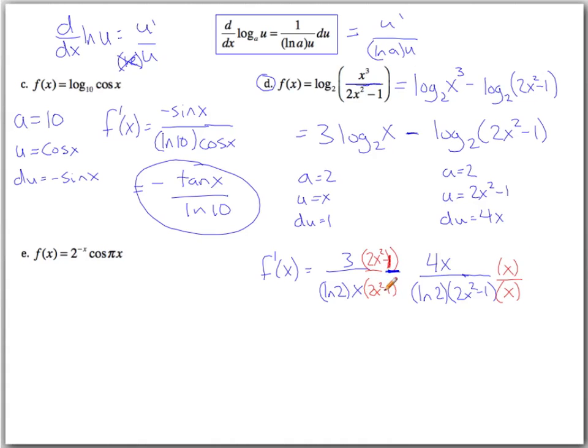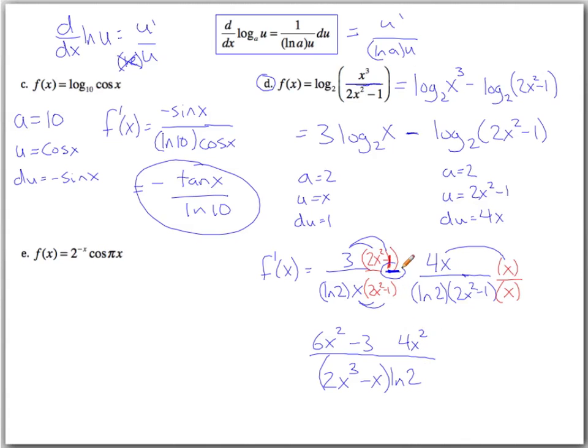Okay, so our common denominator, let's go ahead and multiply here. So we're going to have x times 2x squared, which is 2x cubed, and then x times negative 1, so minus x. And this is going to be times the natural log of 2. Okay, and then here we're going to get 3 times 2x squared, so 6x squared. And then 3 times negative 1, which is minus 3. And here we have 4x times x, which is 4x squared.